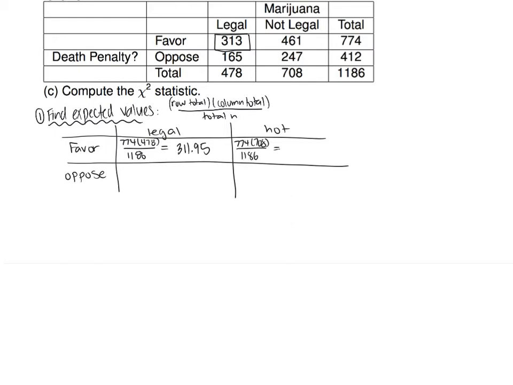That comes out to be 462.05. And remember, one way to check is to see if these two numbers add to 774. And they do, but you could check that on a test. Next one, 412 times 478 out of 1186 comes out to be 166.05. And then the last one, 412 times 708 out of 1186 comes out to be 245.95.